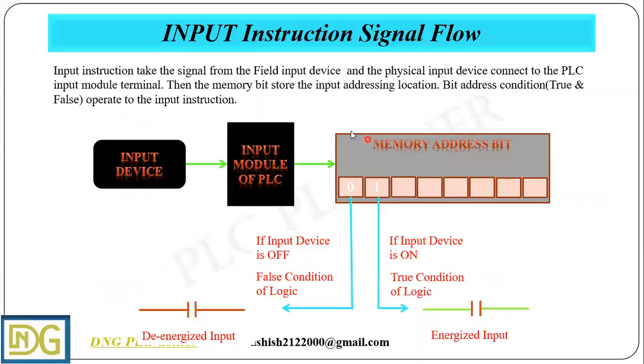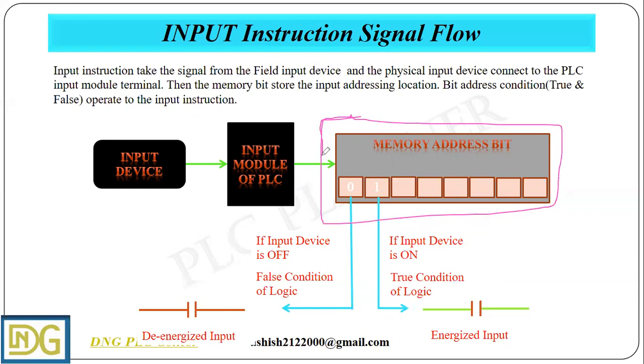So we will move on to the next topic, input instruction signal flow. In our PLC, how do signals flow? This module represents the input terminals of our PLC. Before this slide, we already discussed input terminals and output terminals.